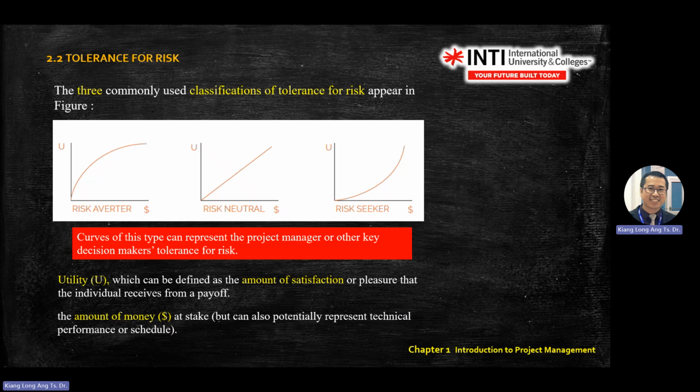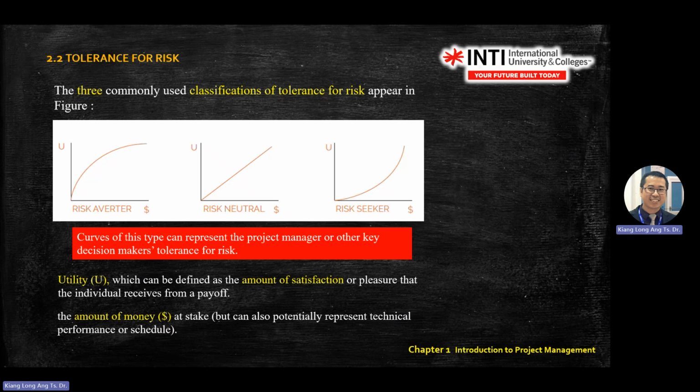Okay, neutral means you pay, you do, and your profit is equal. Like you give me one machine, I do one machine. For the seeker, you give me one machine, I try to produce triple or quadruple the output, something like that.